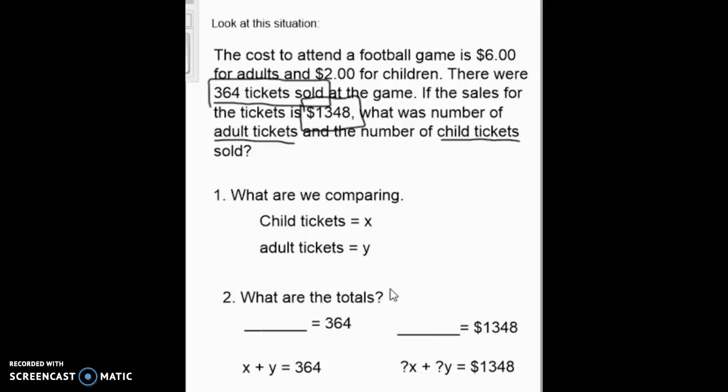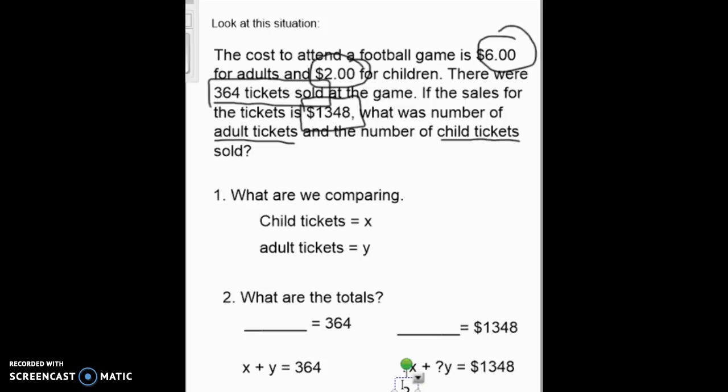So looking back at the problem, we know that the cost for adult tickets was $6. Right here it tells us it was $6 for adults and $2 for children. So we have to add that into our spot to get our total cost. So we're going to come down here and say, sorry, $2 was the cost of child tickets.